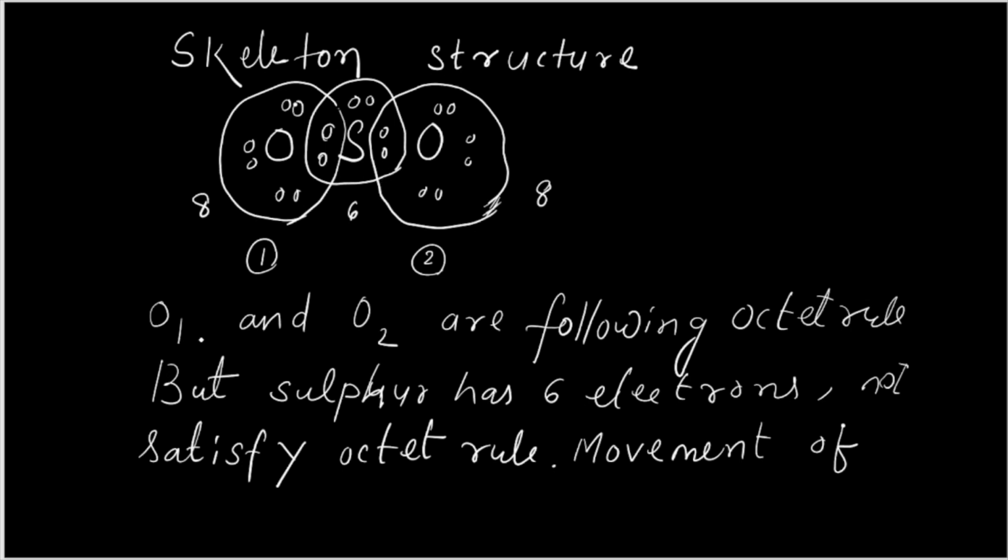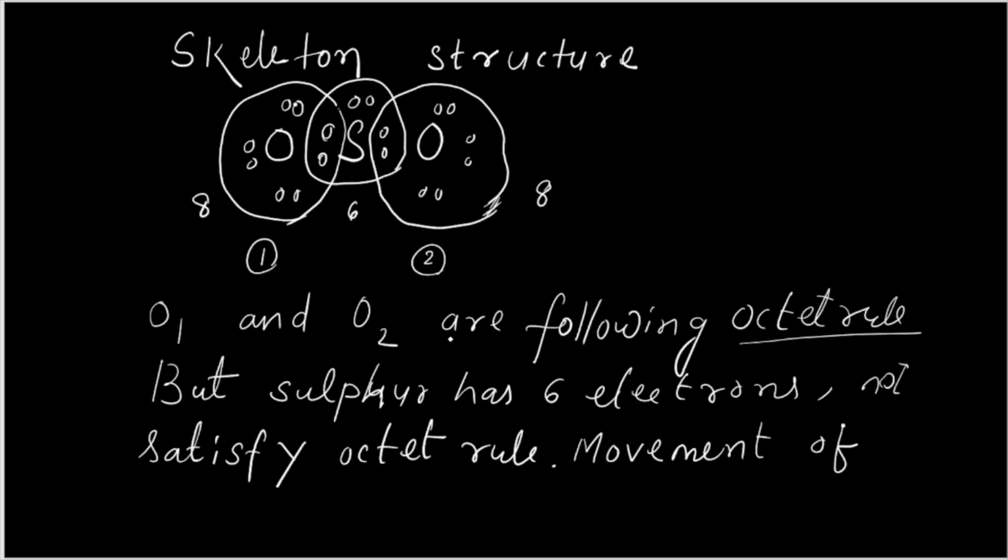That means oxygen 1 and oxygen 2 are following the octet rule. Are you clear? But in sulfur there are 6 electrons, which indicates that it is not following the octet rule.